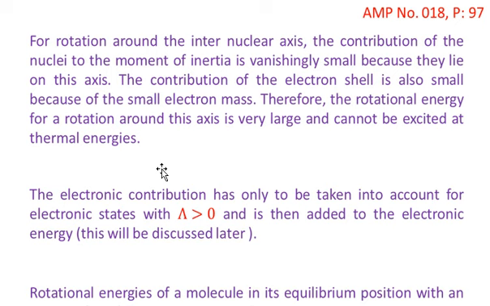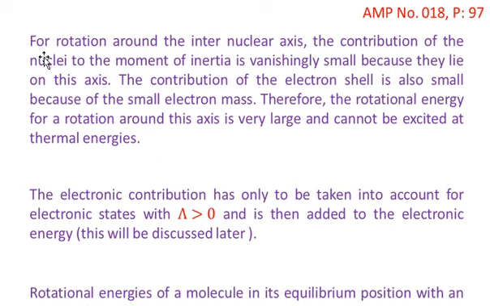So the point that I want to make is that the thermal energies of the system in which the molecules are placed will not be enough to excite the rotational energy of the molecule, because the magnitude of the thermal energies is far smaller than the energy required for the rotation of the molecule.